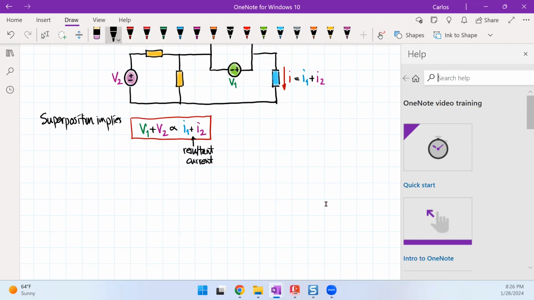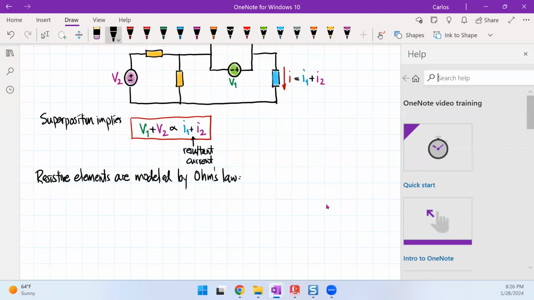So now here's what we know about resistive elements. Resistive elements, well studied in your physics 4B class, are modeled by Ohm's law.